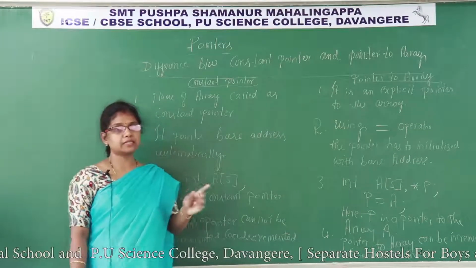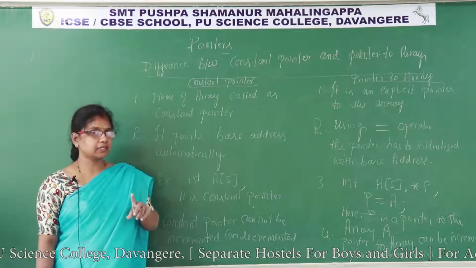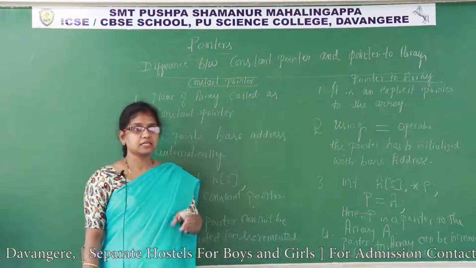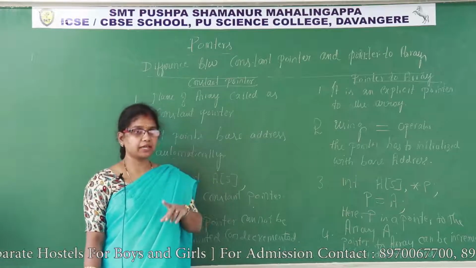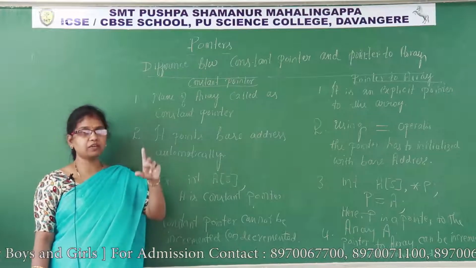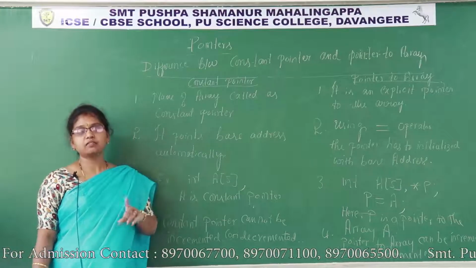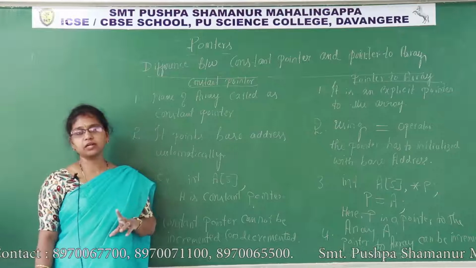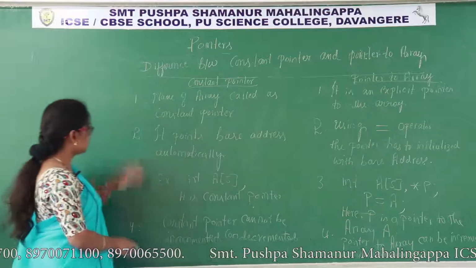The code was: for I = 0, I < 5, I++, and within the for loop, cin >> *(A + I); Every time A is a constant, that is the base address. So what is the conclusion? We cannot modify a constant pointer. We can modify only a pointer to array elements. Understood?